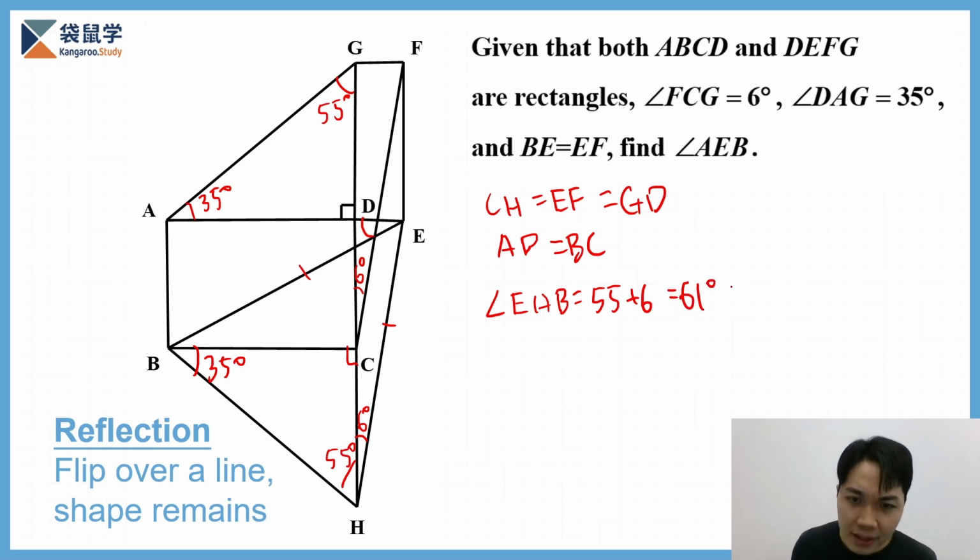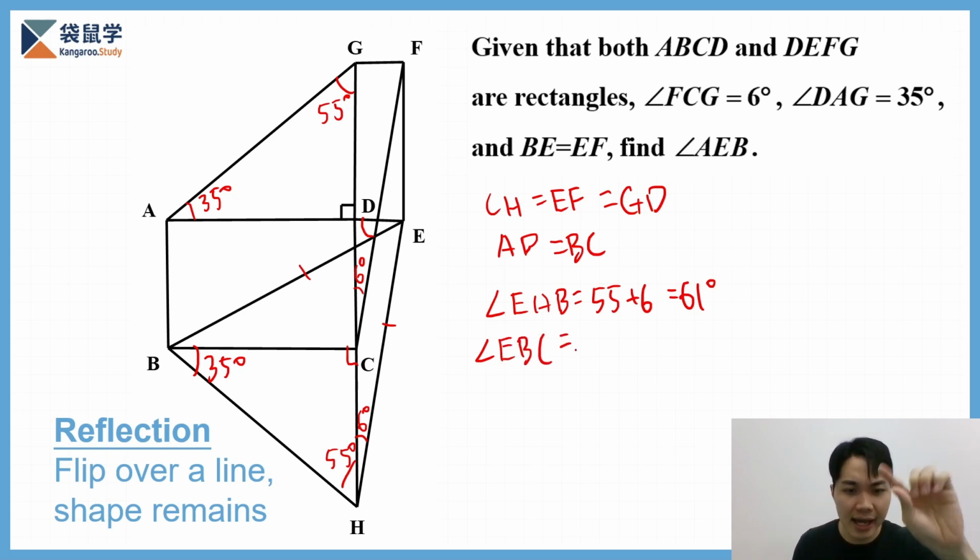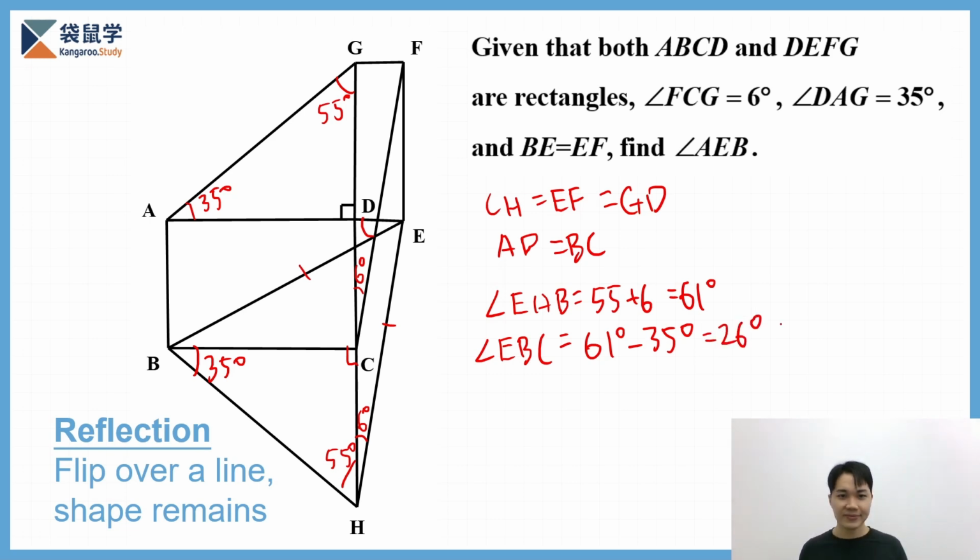And if they are the same angles, then angle EBH will also be 61 degrees. So I can just find the remaining EBC, 61 degrees minus 35 degrees, and I'll just get 26 degrees.